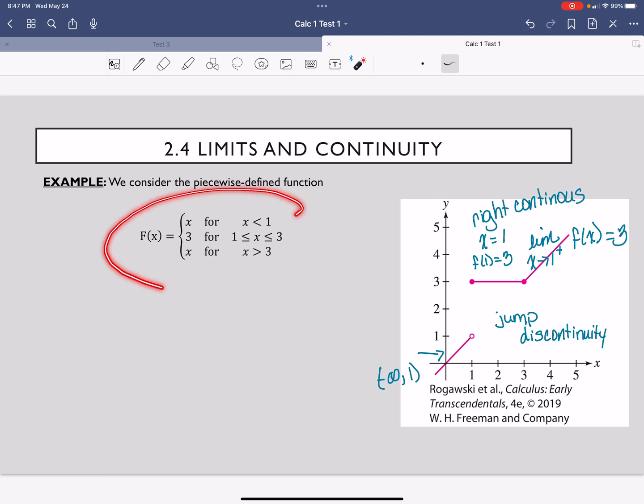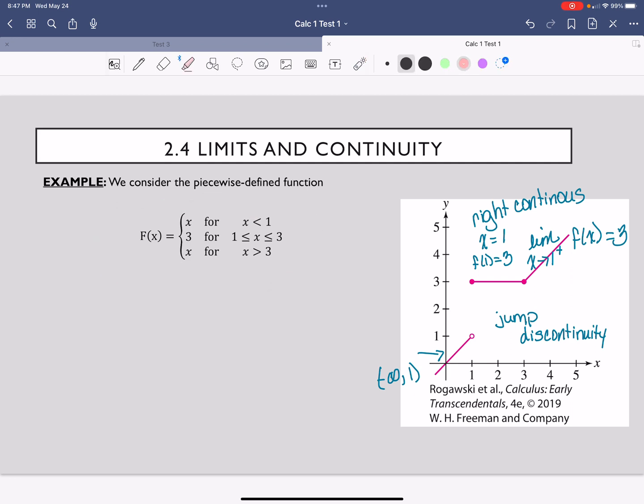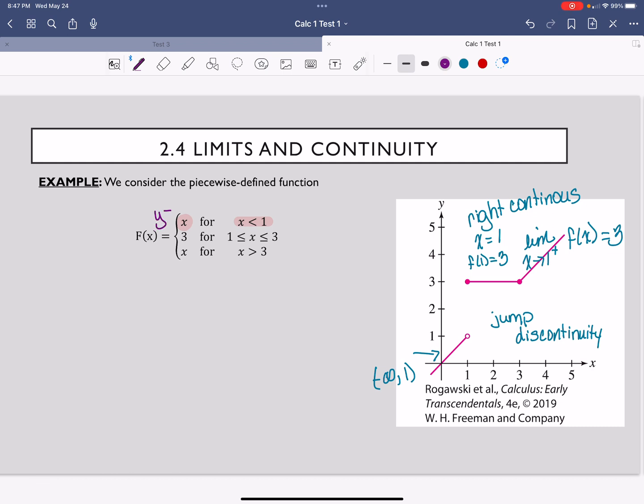Now this piecewise function right here is this graph. So this is how this graph is defined. I just want to show you a little bit. When we're looking at values that are less than 1, we follow this rule. And the rule that we're following right here is f of x or y equals x.